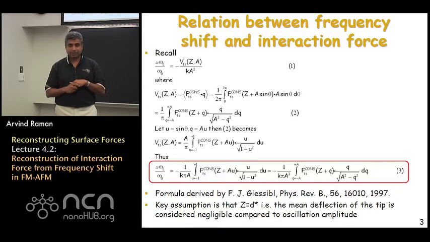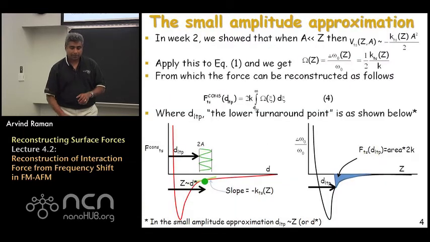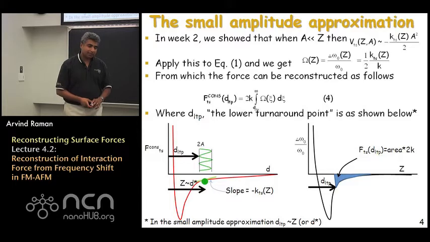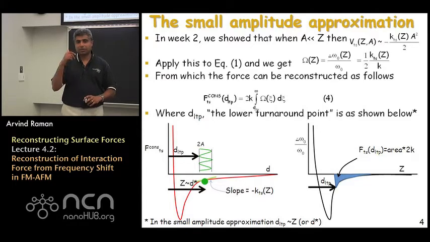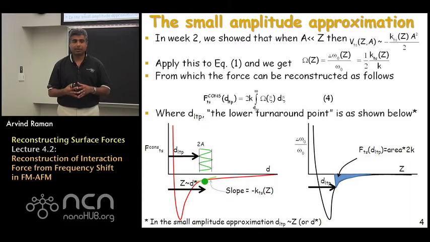And this is not a very easy process, and we're going to discuss first two assumptions that are frequently made, and lastly a more unifying approach that is evolving and has now become the more standard way of doing this. Okay, so in the early days of FM-AFM, it was usually assumed that the tip oscillation amplitude is very small compared to the length scale of interaction forces.